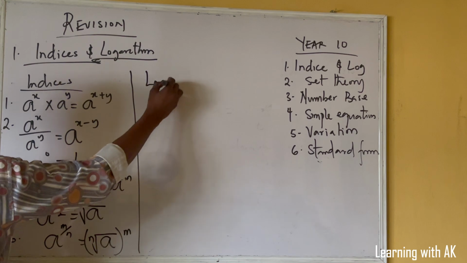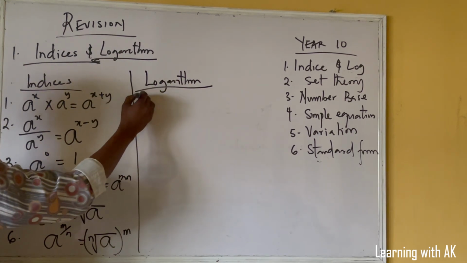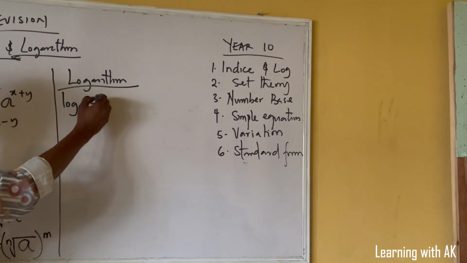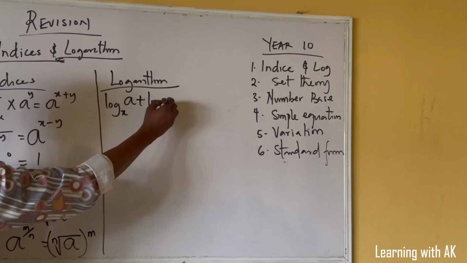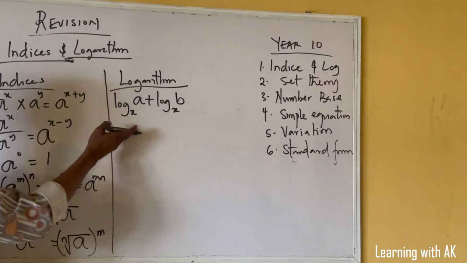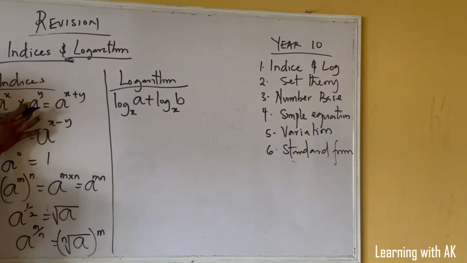What does the logarithm law say? Same thing. If I have log a base x plus log b base x, in this case, since the base is the same, don't forget again, we look at the base. Base is the same, okay?